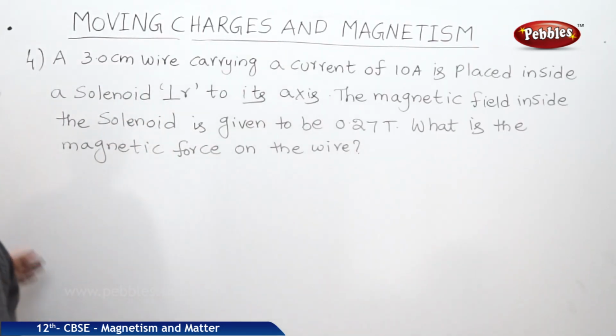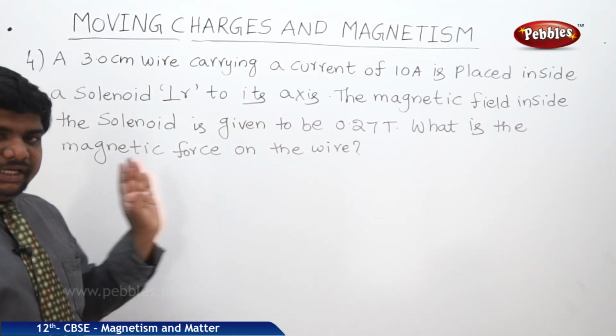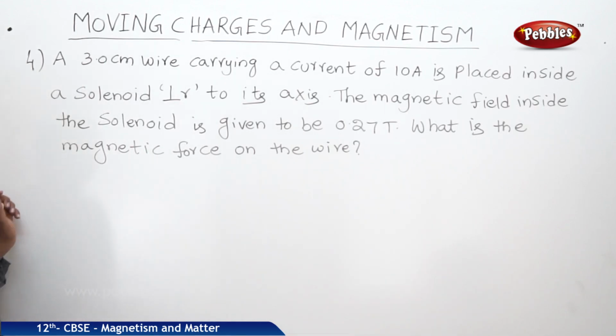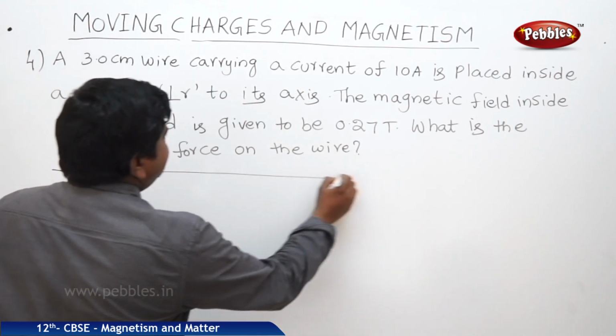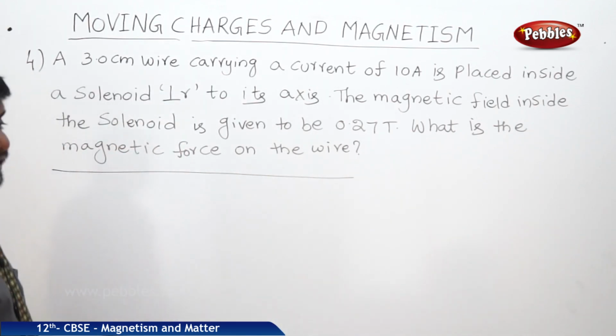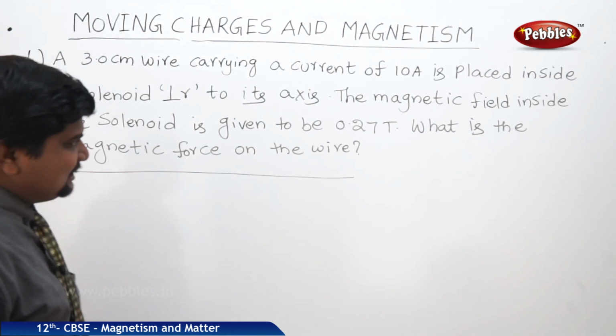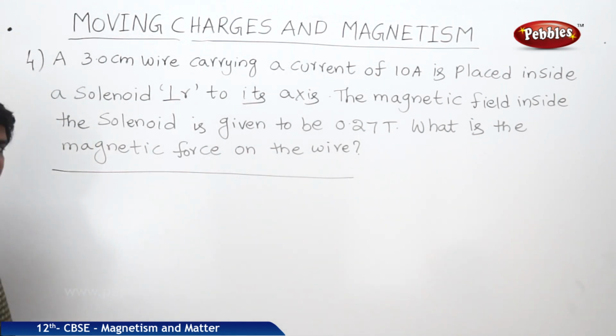Now the next problem. A 3 centimeter wire carrying a current of 10 amperes is placed inside a solenoid perpendicular to its axis, which means theta is 90 degrees. The magnetic field inside the solenoid is given to be 0.27 Tesla. What is the magnetic force on the wire?